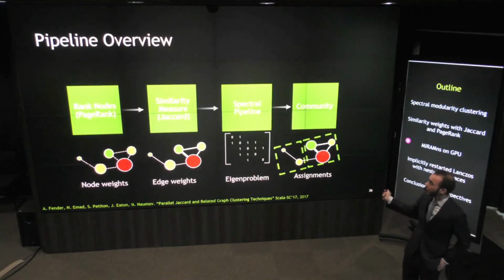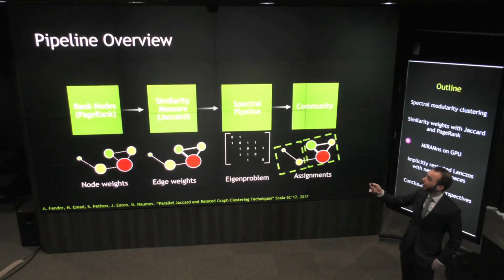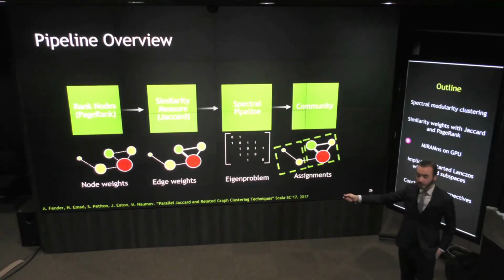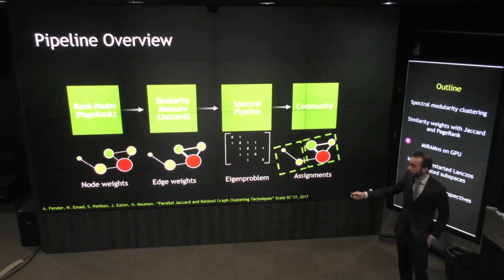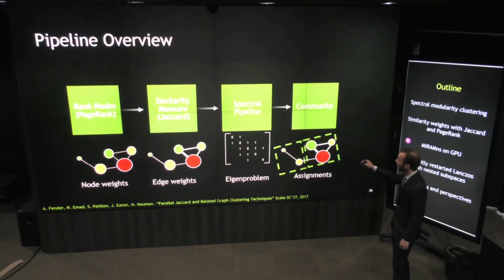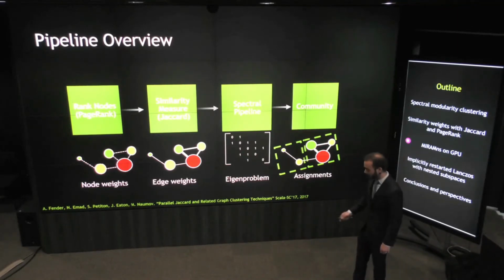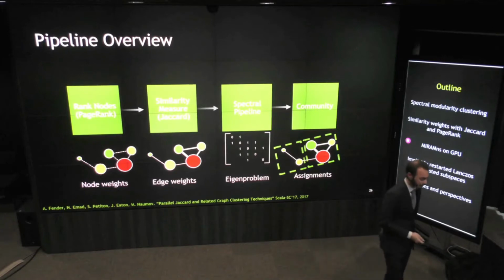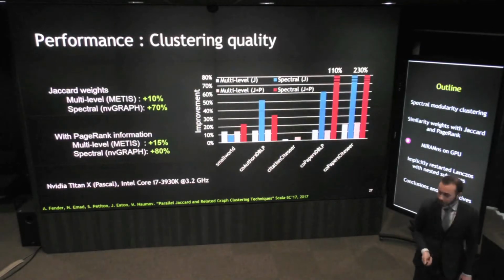Just to summarize how we do it, we have the PageRank first, then similarity, and we compute the edge weight. Now we have a weighted adjacency matrix that we will use in the spectral modularity pipeline that I showed earlier. In the end, we have the community detection, and we hope that this result is better. And this is actually true.